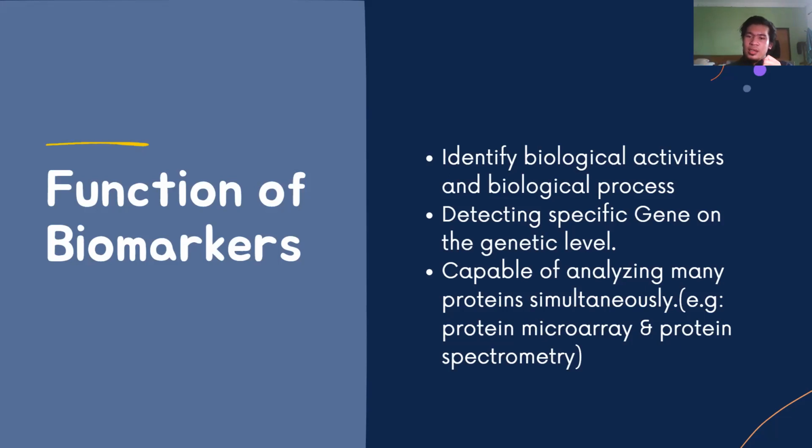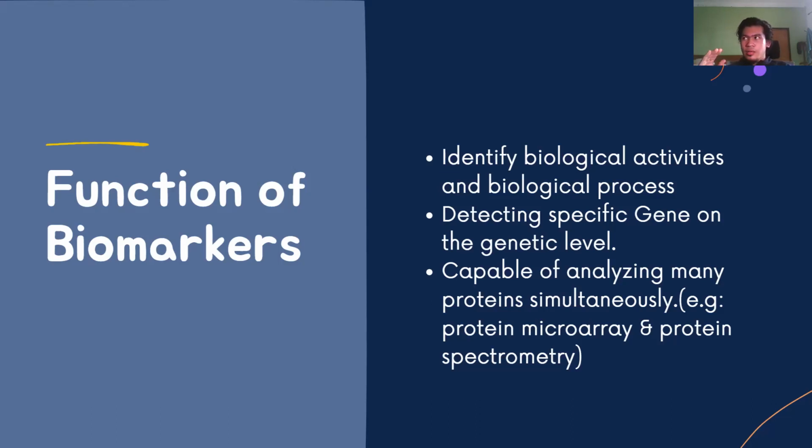The second one is detecting specific genes on the genetic level. Like I said before, when we talk about a specific gene detected by a biomarker, it is usually used in agriculture. Scientists usually use it to detect the gene that controls some part of the plant, for example the gene that controls the height of the plant. Usually in agriculture, they want to modify the height of the plant.